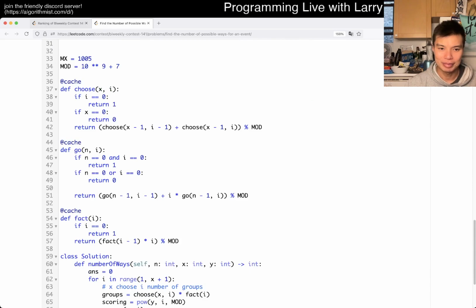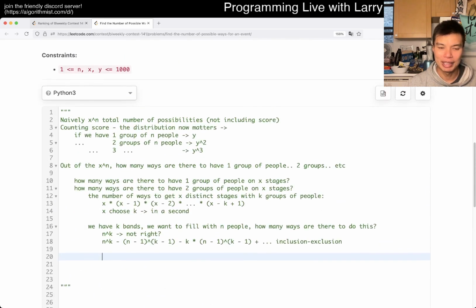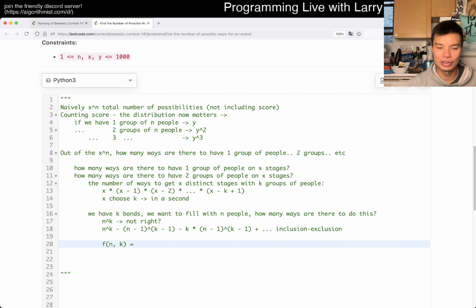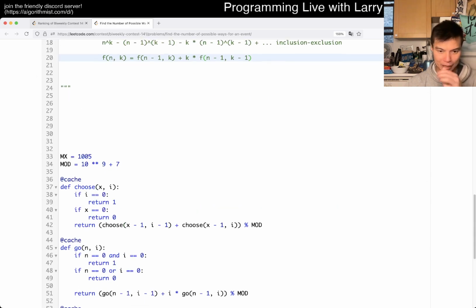I don't know why I wrote it so funkily, but it turns out that f of n, k is equal to k times f of n minus 1, k, plus f of n minus 1, k minus 1. This, right? Which is what I have here.